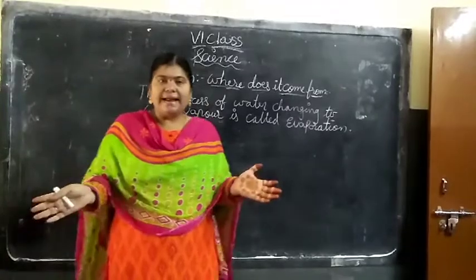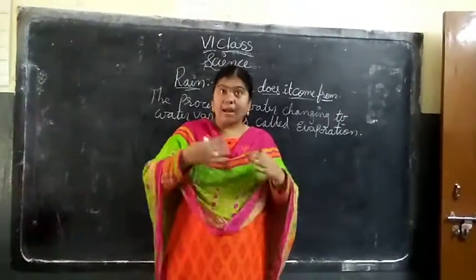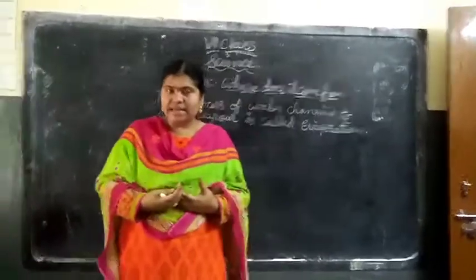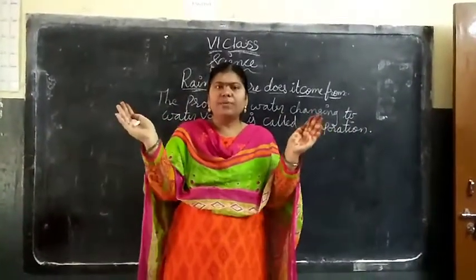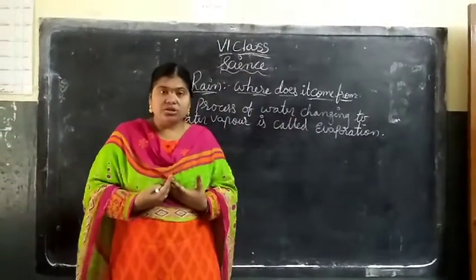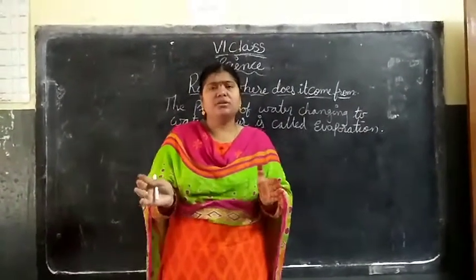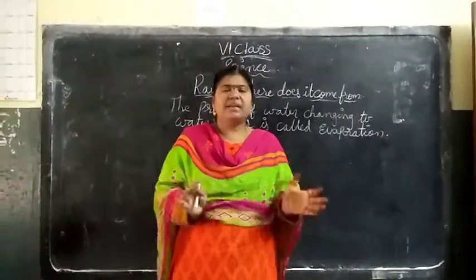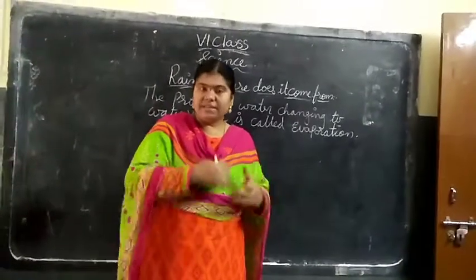That doesn't mean water droplets come from our mouth itself. The outside temperature is very cool, but our body temperature is warm. You know that normal body temperature is 98.4 degrees Fahrenheit or 37 degrees Celsius.